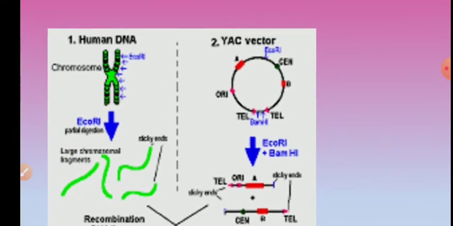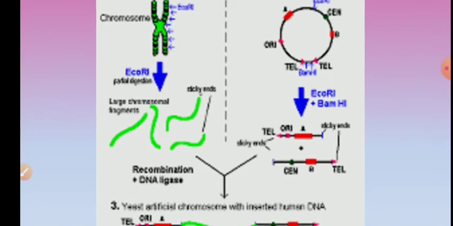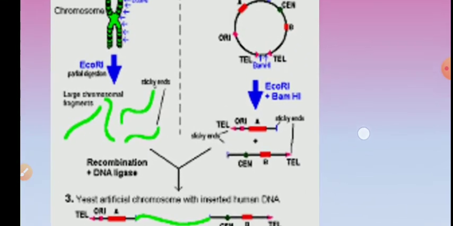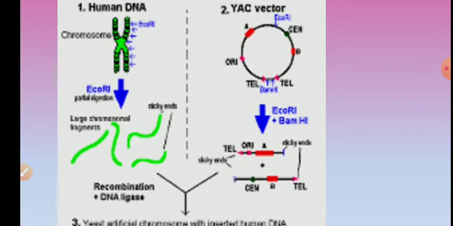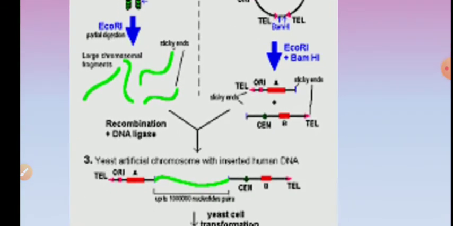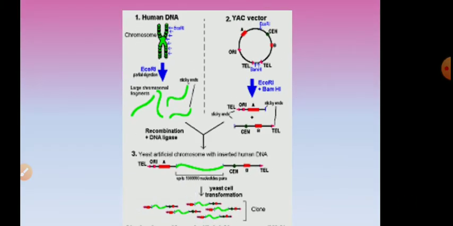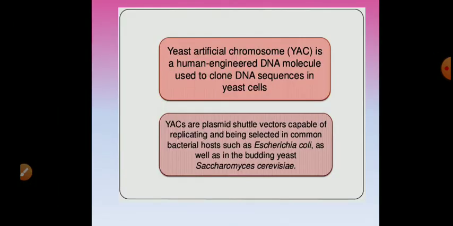You can see from the diagram, human DNA is fragmented using restriction endonucleases, and the YAC vectors are cut open and the human DNA can be inserted, or cloned, inside the YAC vector. When it is cloned in yeast, it will be a linear DNA, and when it is cloned in E. coli, it will be in the form of a circular DNA. So large foreign DNA fragments can be cloned using a YAC vector.